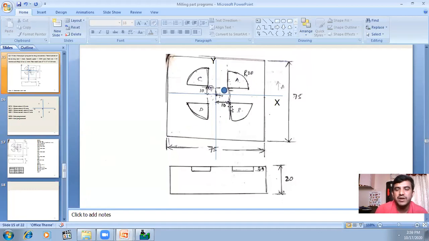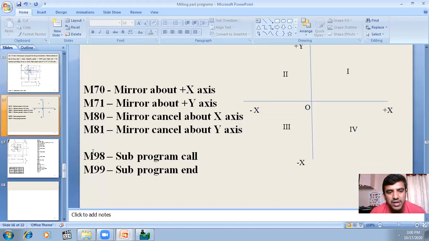Whenever the coordinates are repeating in the geometry of the program, I will write another program that is called the subprogram. Where do you write the subprogram? At the end of the main program. Okay, how do you call the subprogram?